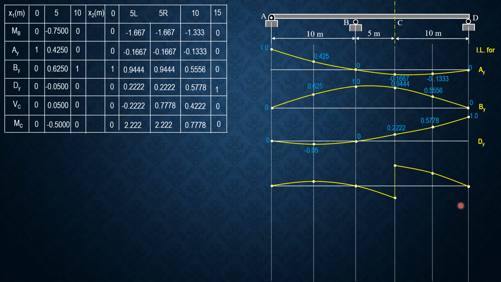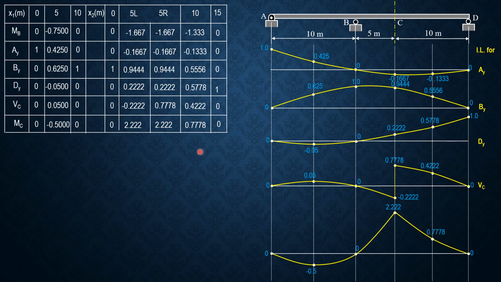So that's the influence line for shear at C. Then finally for MC, it begins with 0, then negative 0.5, 0, 2.222 just to the left and just to the right of x2 or C, then 0.778, then 0. So that's the influence line for M sub C. So that's it for this problem.